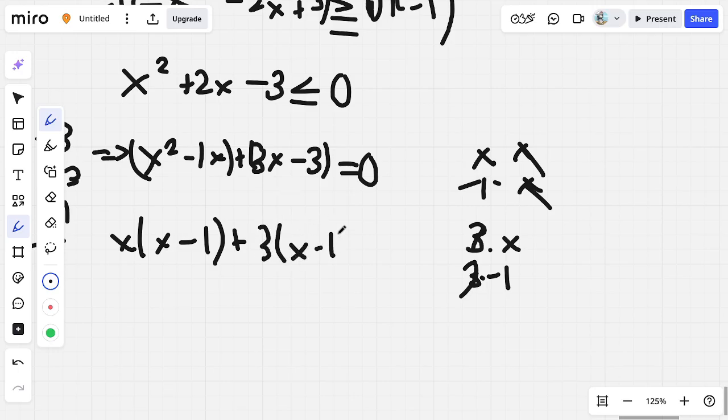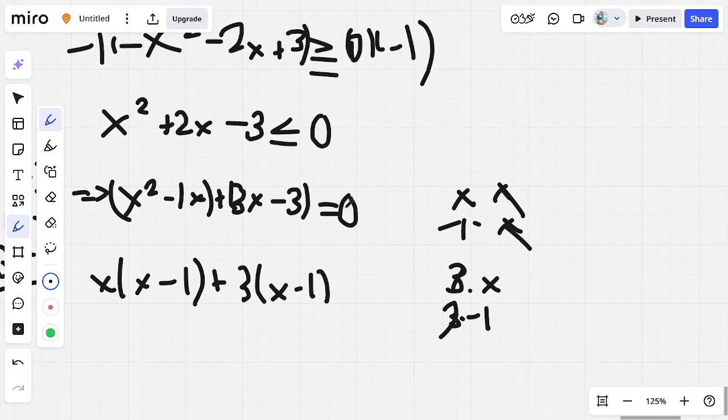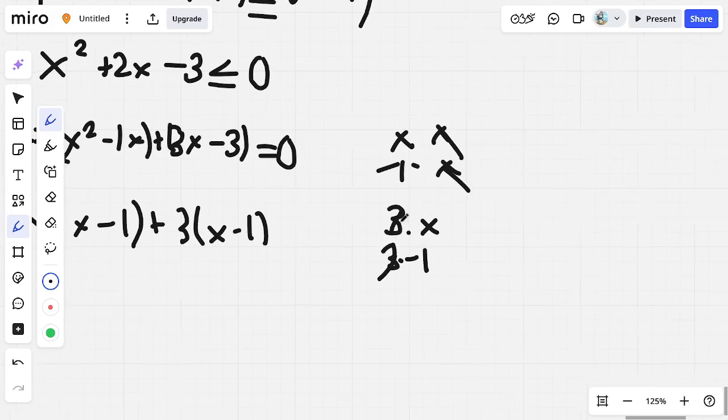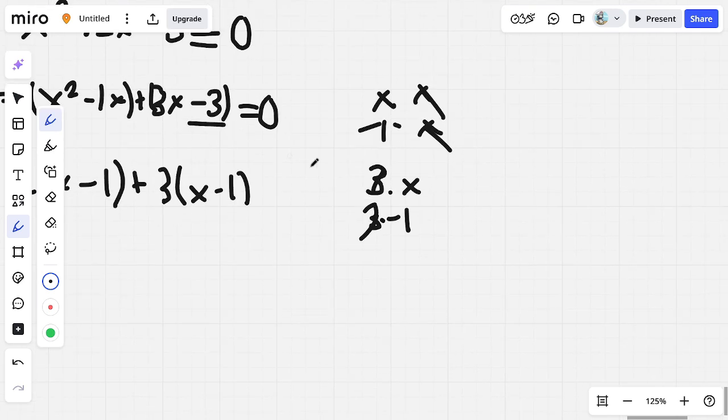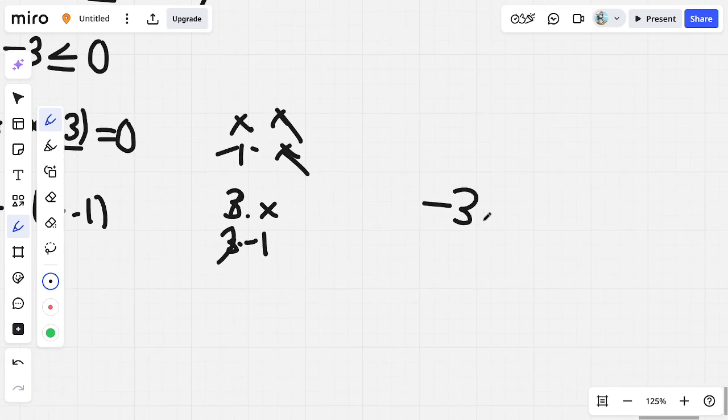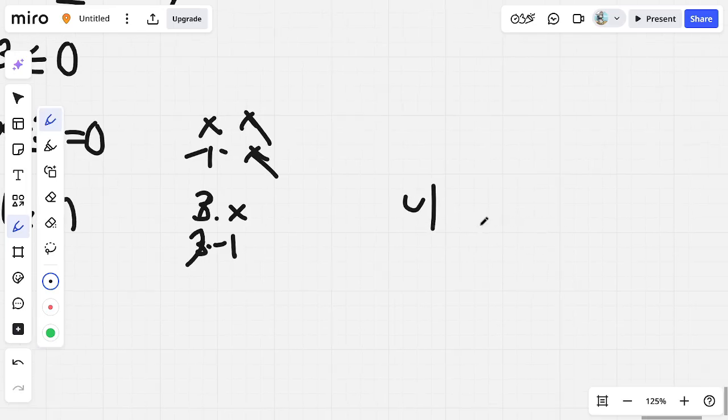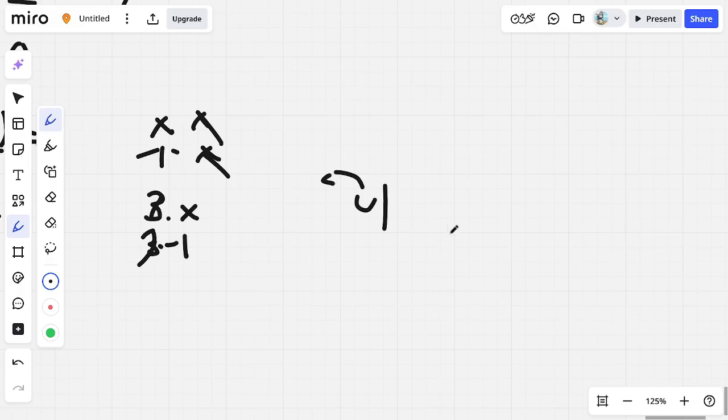x minus 1. Also, a common misconception: when people factor out, for example, negative 3, they factor out 3. Or, for example, we have 4 and they factor out 4. You will not be left with 0.